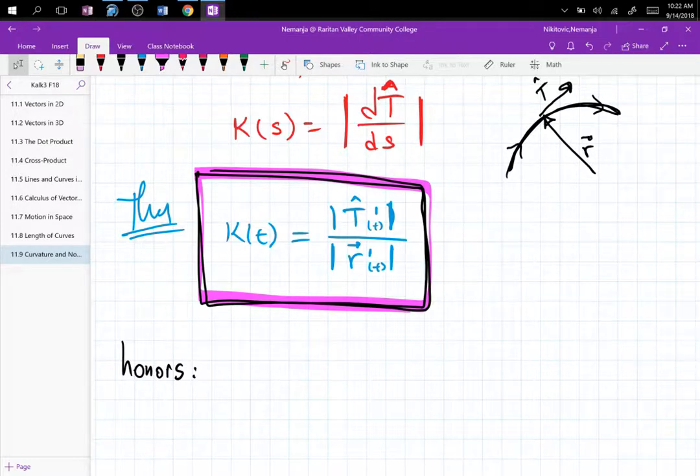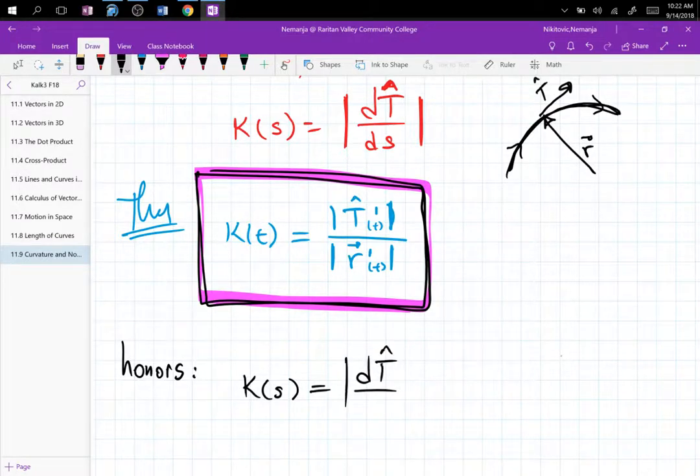So your K of s formula, which was dT over ds, will be multiplied by 1 over dt, 1 over dt.